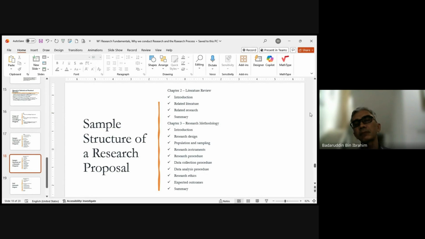But then again, always remember, literature review is not a copy and paste mode. There's no such rule that the thicker, the better. The most important thing in your literature review is your synthesizing of the information, summarizing of the information.